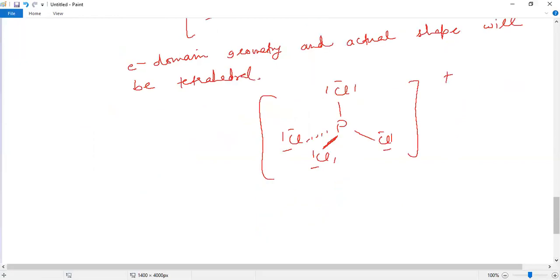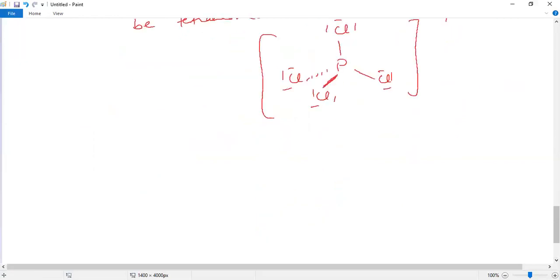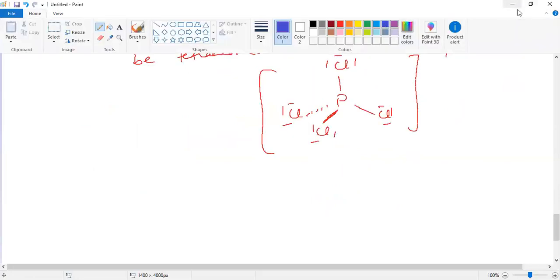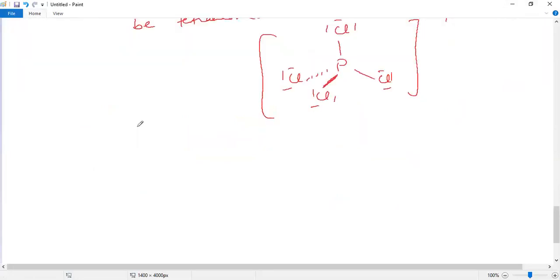Let's take one more example. This time we can talk about SF4. Let's write the Lewis structure again. Sulfur has a total of 6 valence electrons. Out of 6, 4 are occupied in covalent bond formation.